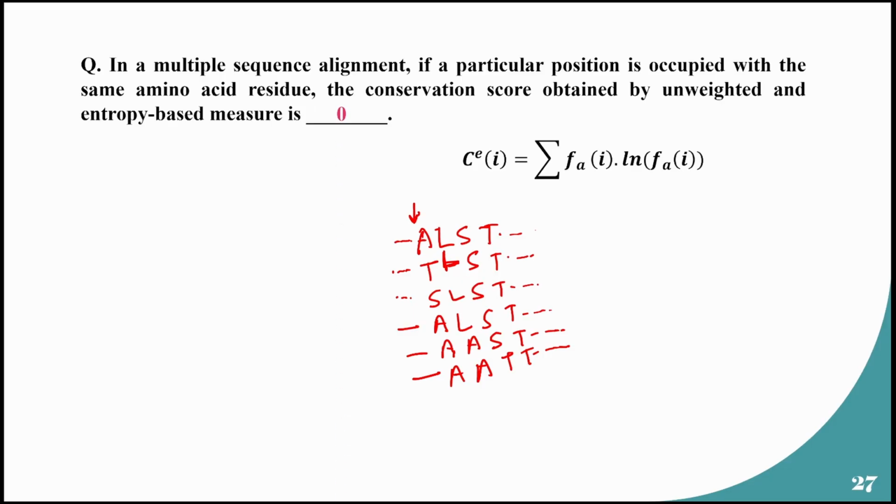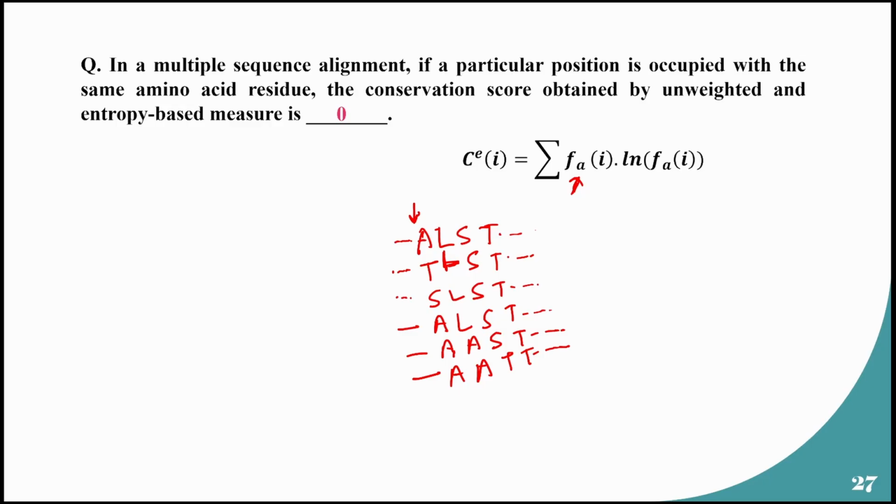Yes, in this particular case the answer will be 0. If the same amino acid is staying the same, what would be the frequency score for this amino acid? Let's say it's alanine. If it is staying the same, that means that alanine is present at that position in all of the sequences you are taking into account.